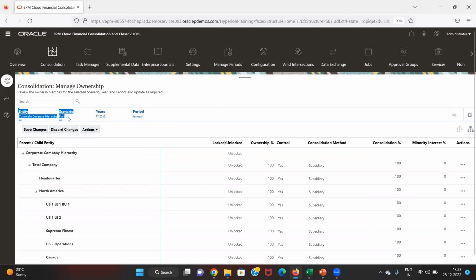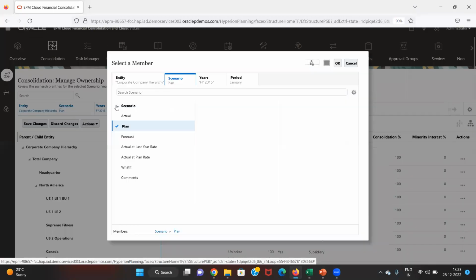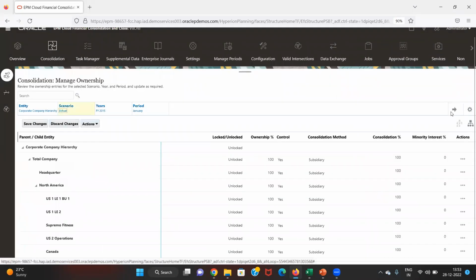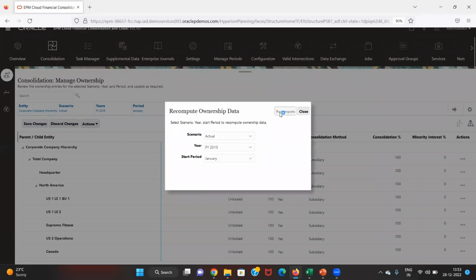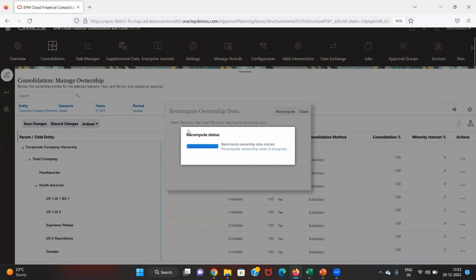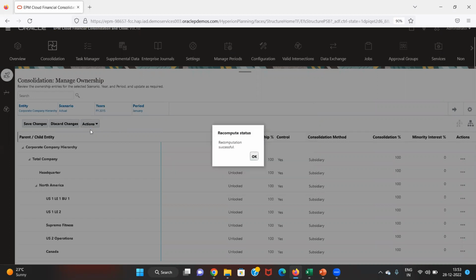Okay, the scenario is planned. Recomputation is successful.